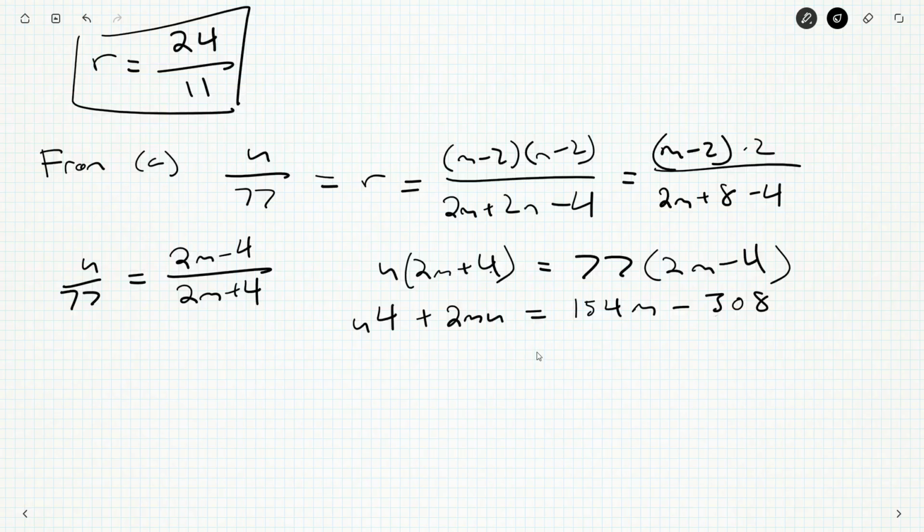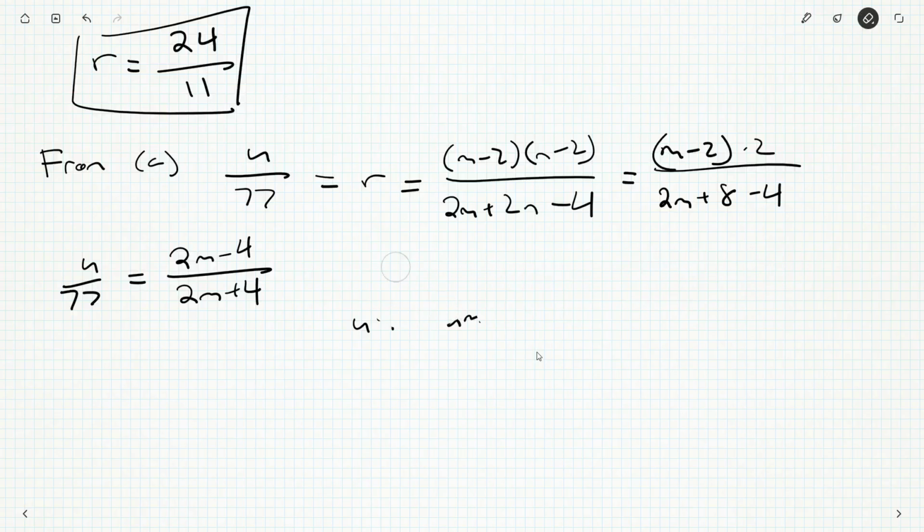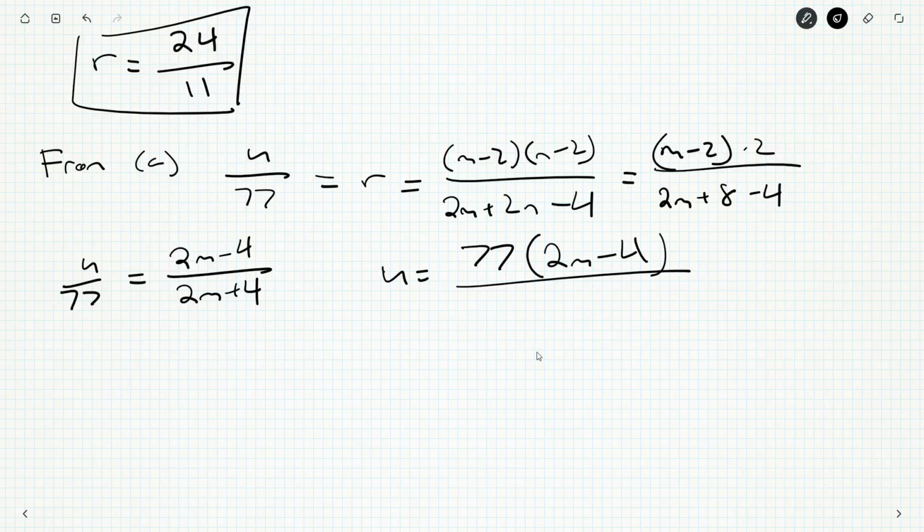There's no way to get rid of these m's, and I've got u on one side. So maybe instead we'll write u is equal to 77 times (2m minus 4) over (2m plus 4).